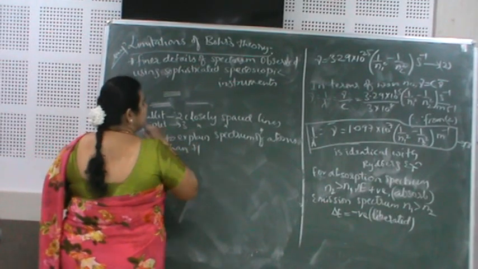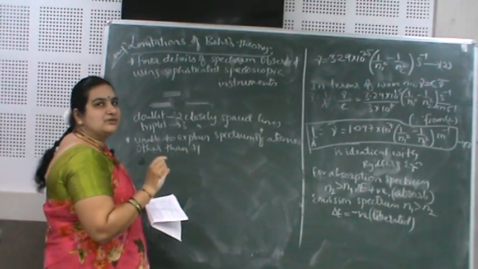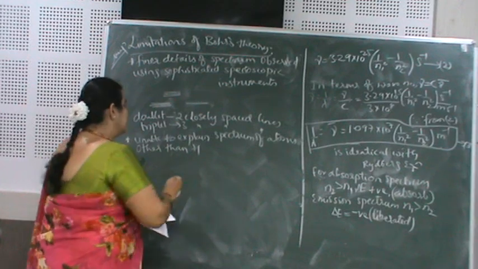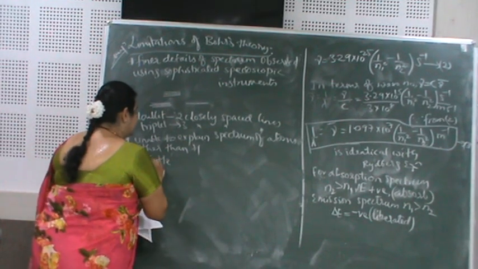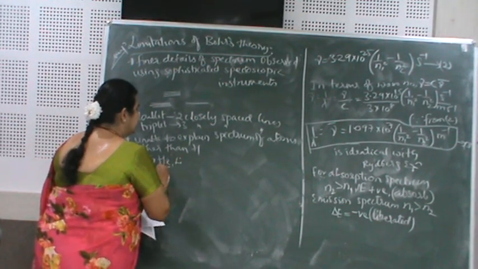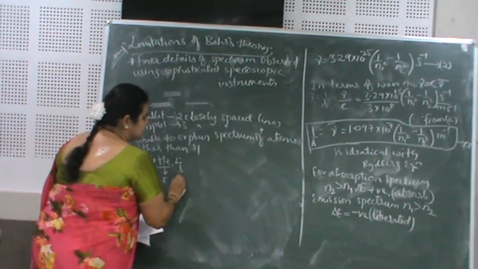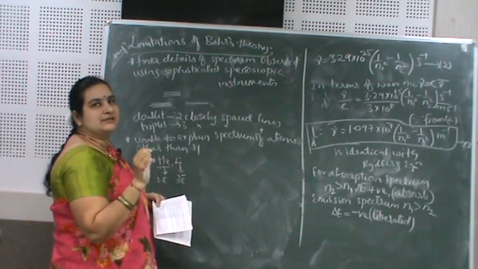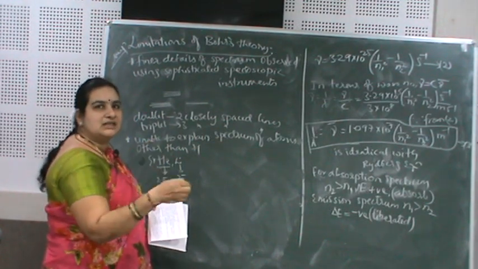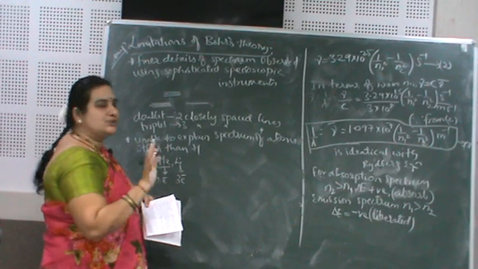That is, we can explain the spectrum of hydrogen-like species, but if you are given an example of helium or lithium, helium consists of 2 electrons and lithium of 3 electrons, so for a 2-electron or 3-electron system we cannot apply Bohr's theory.